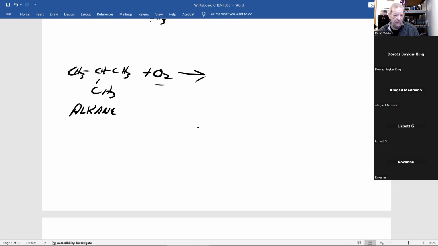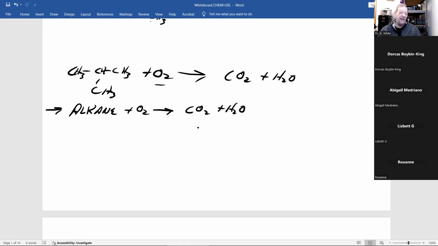And O2, I hope you all know, is oxygen gas. You've memorized this general reaction, and that gives you CO2 plus water. And so the answer would be CO2 plus water. If I had another alkane like octane, like in your car engine, you'd get CO2 and water. And that's what I mean by a reaction.